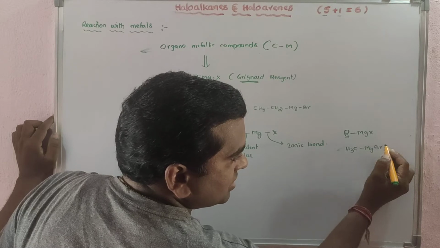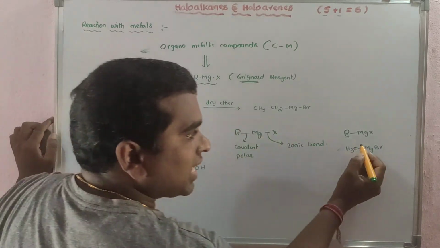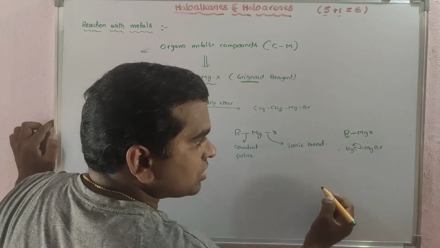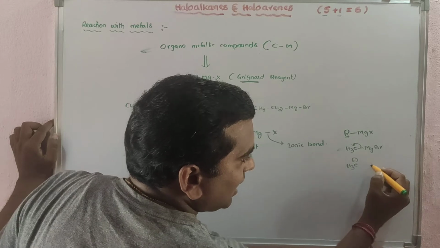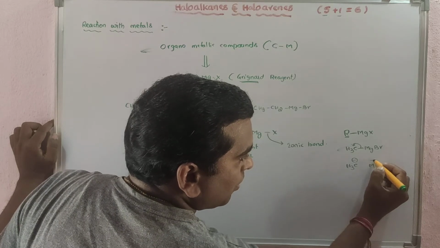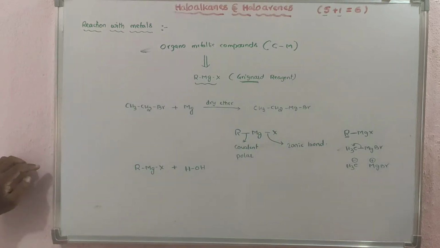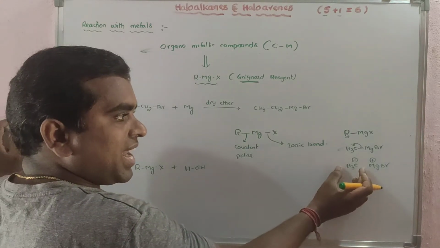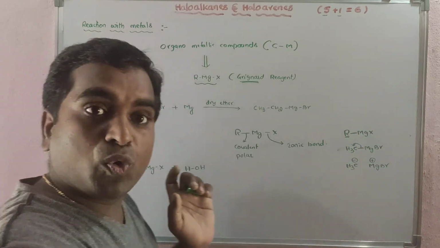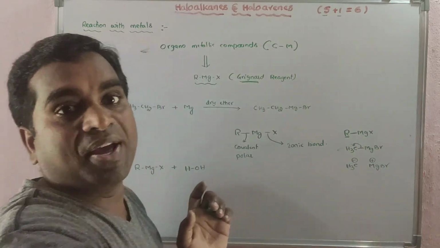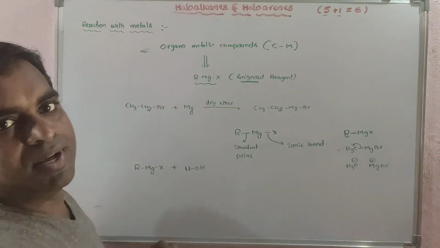If the bond breaks, the metal donates the electron and carbon gains the electrons. So always remember, the alkyl group gets the negative charge and magnesium gets the positive charge. In the Grignard reagent, the alkyl group can act as a nucleophile as well as a base.